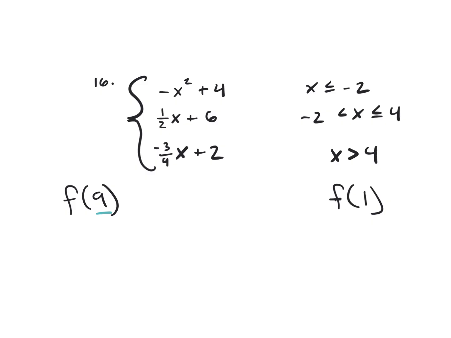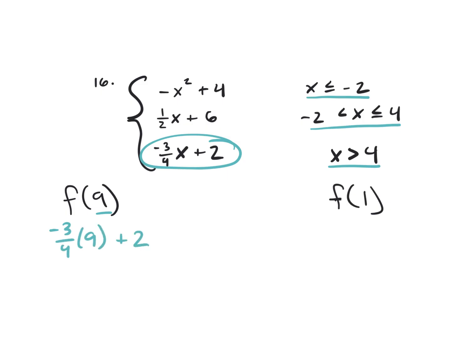So remember, the first one's talking about x values that are less than 2. The one in the middle is talking about x values that are in between negative 2 and 4. And the third one is x values that are greater than 4. So 9 would belong to which piece? The last one. So we'd have negative 3 over 4 times 9 plus 2.